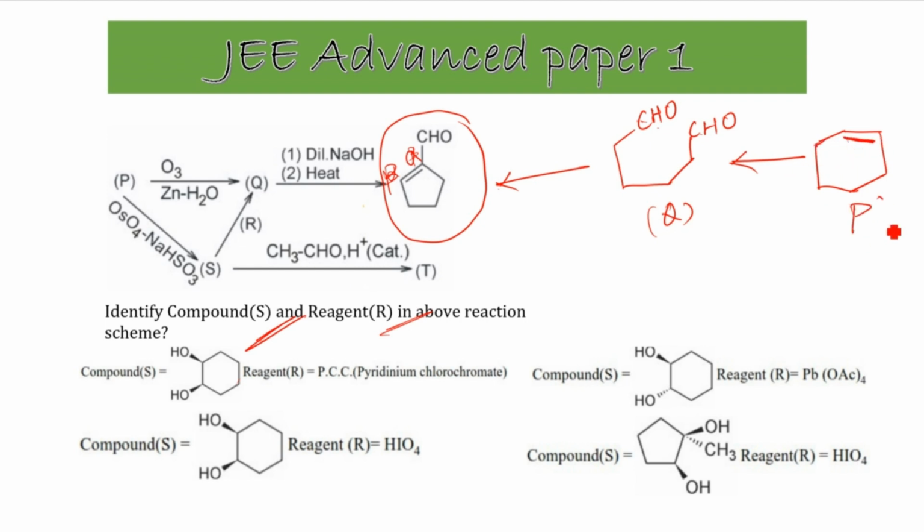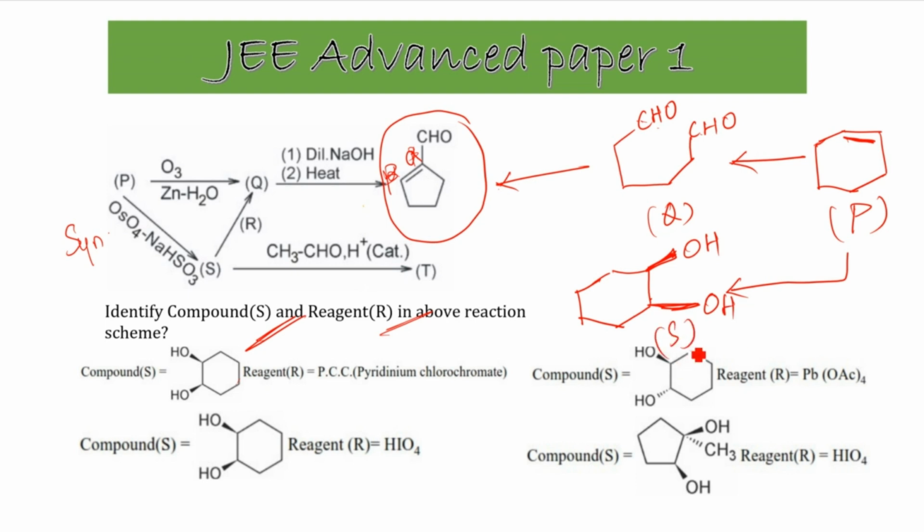Okay, so that is our P. Then P gives S. Osmium tetroxide is famous for syn product, so it will produce S like this. This is our S. So S is giving Q by what?